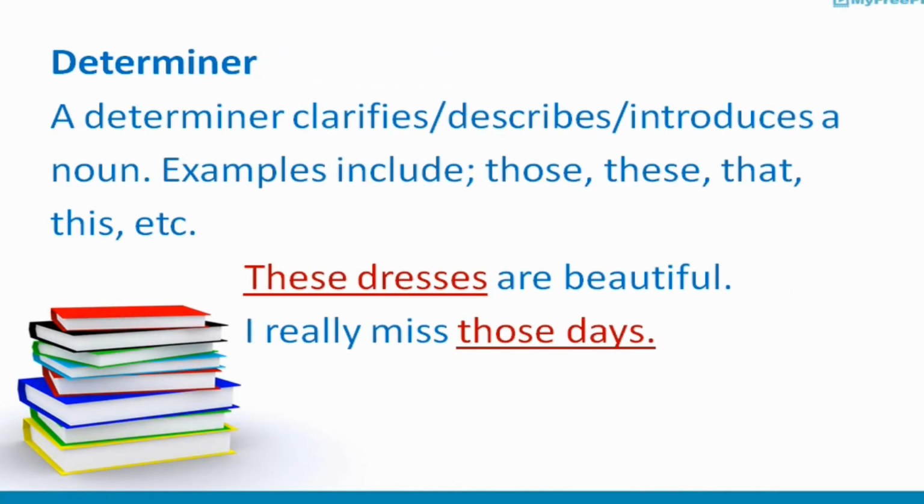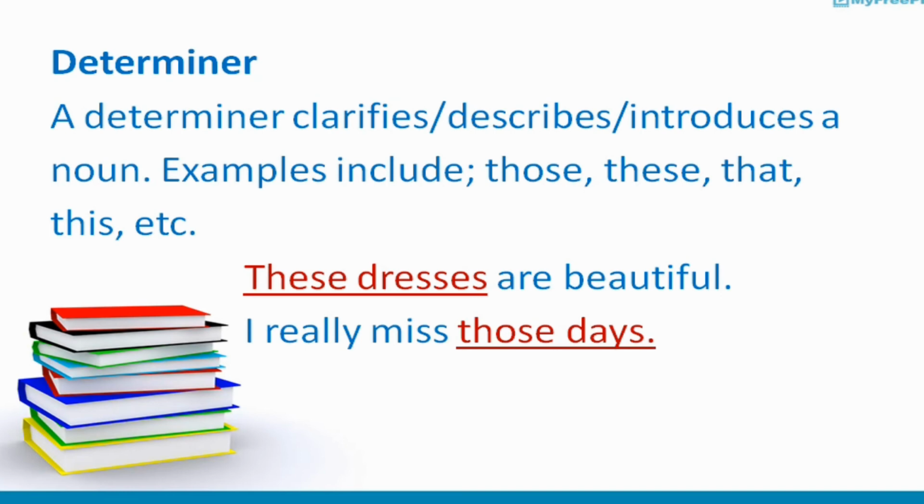Now, let's talk about determiner. A determiner clarifies, describes or introduces a noun. Examples include those, these, that, this, etc. In the first sentence, these dresses are beautiful. These dresses is the subject of this sentence and that's why we call it a noun phrase.